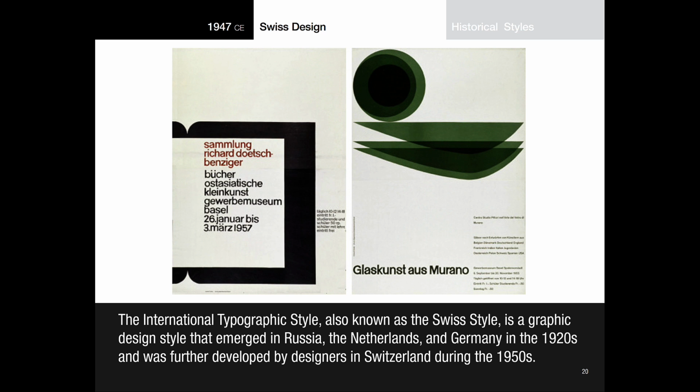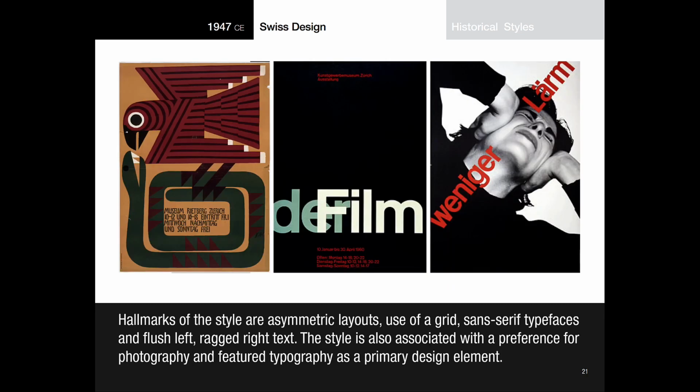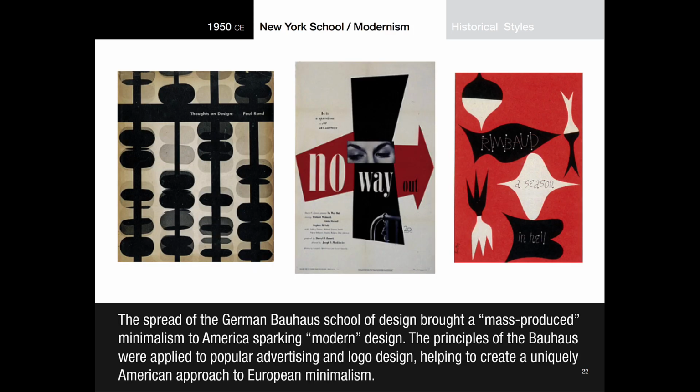And again, I showed you earlier that Dutch movement, De Stijl, which also was based on grid work as well. So you can see how that kind of morphed into this as we get in the 1940s. More examples of Swiss design as well. This was also when a lot of design switched to predominantly using sans serif type, which you can see in some of these posters.